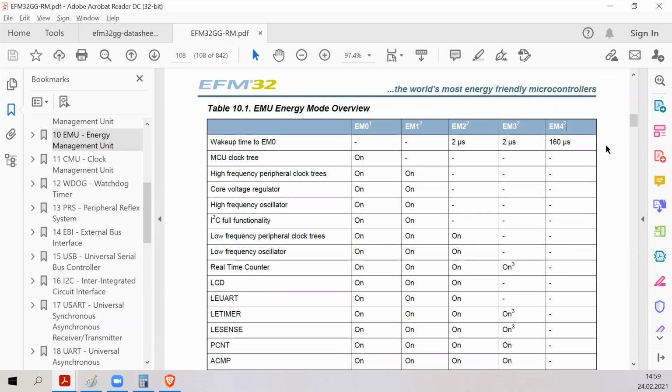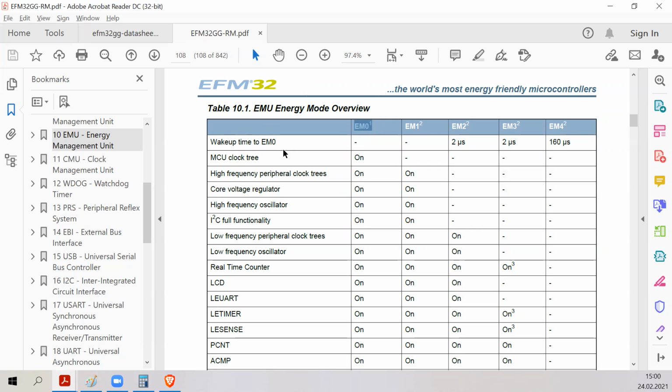And for example, generally in my career, and maybe in your careers as well, you will actually 99% of the time only use energy mode 0 and energy mode 2. So in energy mode 0, you will do something, do analog to digital conversion, some signal processing, some calculations.